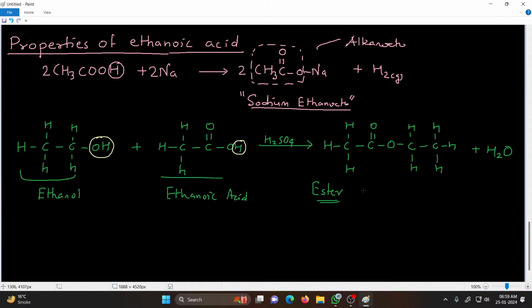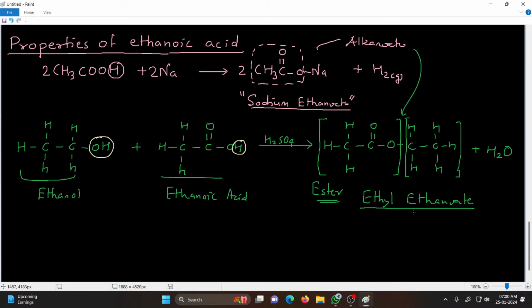So how can we name it? As we have seen here, CH3COO is nothing but our alkanoate radical, and this is your alkyl radical. Here both have two carbons. So this ester is named as ethyl ethanoate. This is ethyl ethanoate. Correct.